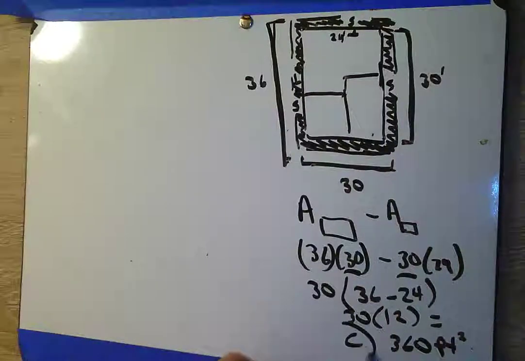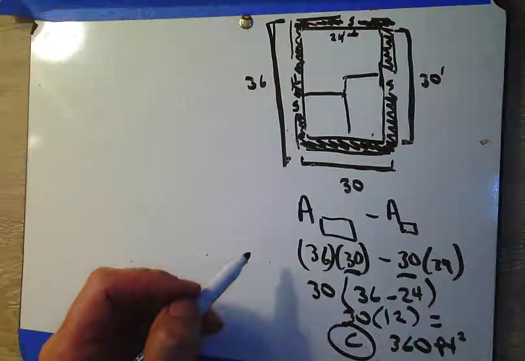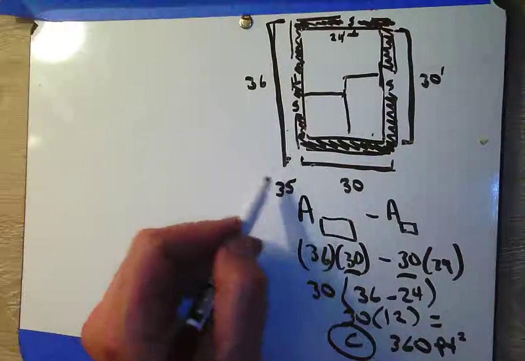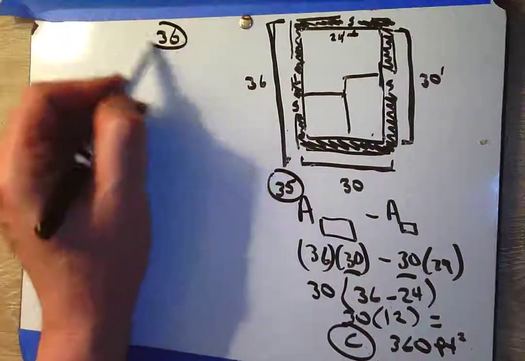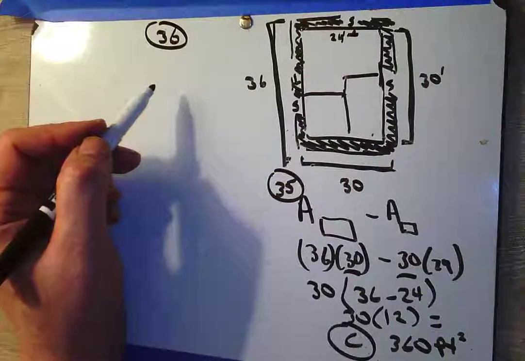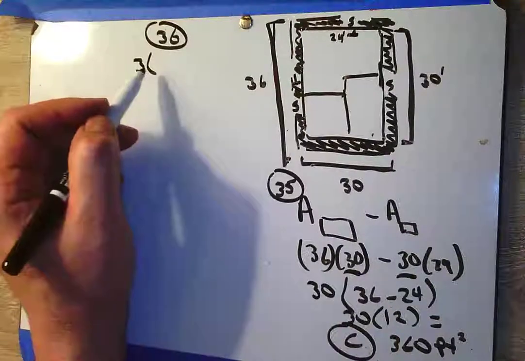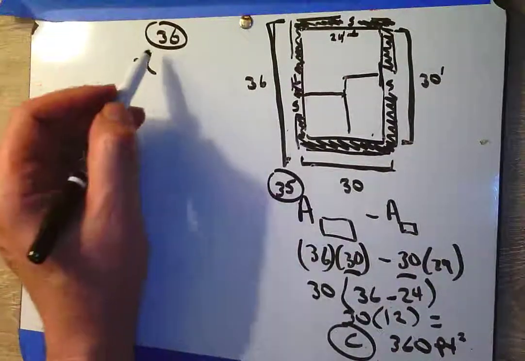And that's choice C. Okay, 36, that was 35. We want 36 now. She'll install a ceiling fan in each room. There are 3 rooms, and the ceiling fans are costing $52.